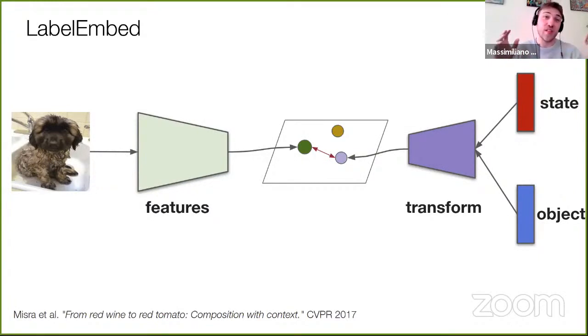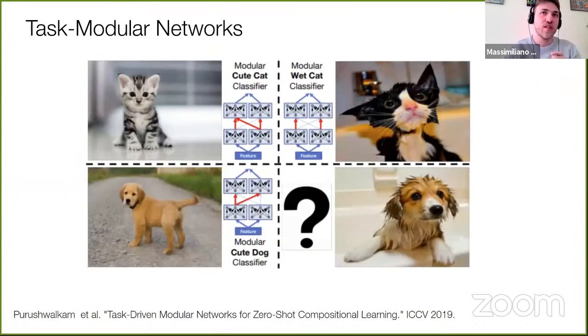This concept is actually simple, but it can be expanded, and works did that. For instance, in Task-Modular Networks, the transformation is modeled through a gating function.